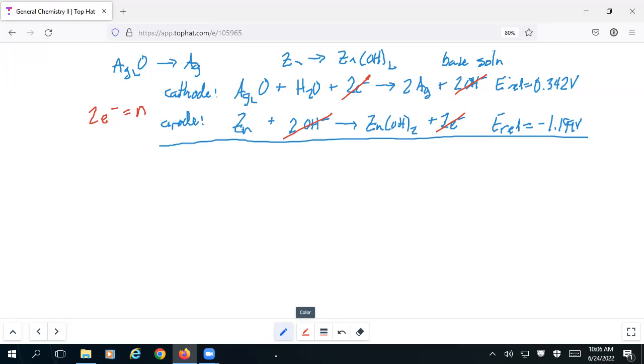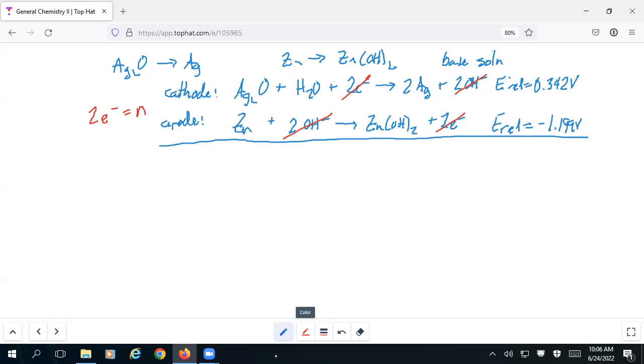Now, it just so happened that they exactly canceled each other out from the table. If we had to do a further calculation, multiply this one by 2, multiply this one by 3, whatever the case would be, N would be the number of electrons being transferred after those manipulations.